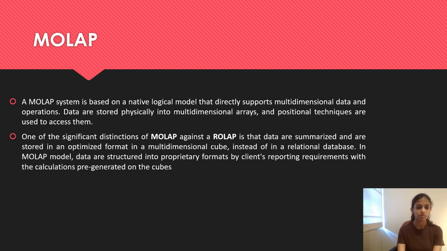In the multidimensional model, data are structured into proprietary formats by clients' reporting requirements with the calculations pre-generated on the cubes. So this was all about relational OLAP servers and multidimensional OLAP servers.